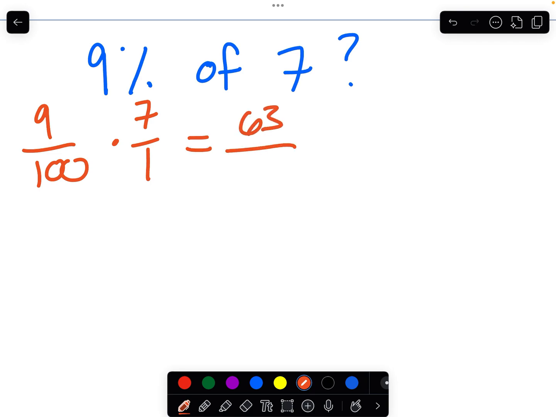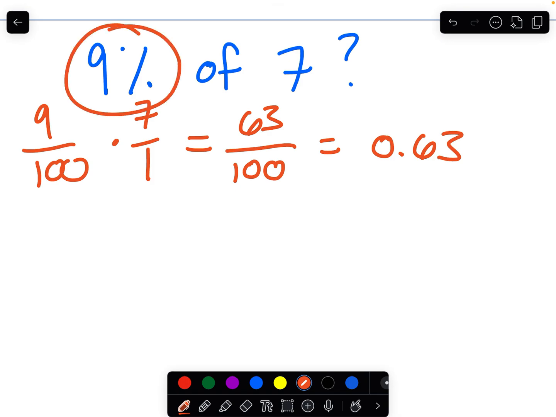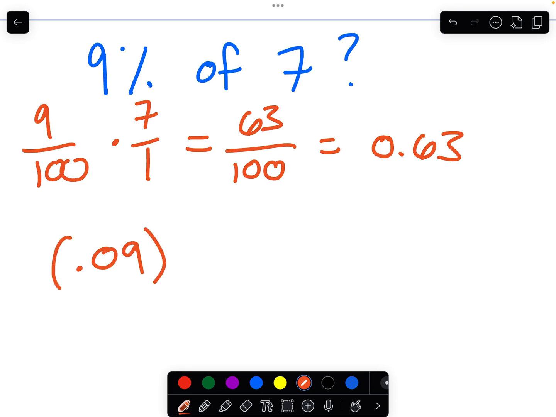You will get 63 hundredths, which equals 0.63. Another way is to say 9% is the same as 0.09. Some people automatically go straight to decimals in their head when converting percentages. So you could say 0.09 times 7, because remember, of means multiply.